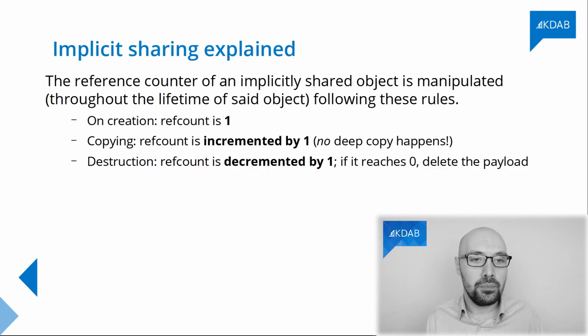Pretty straightforward. When you destroy an object, what happens? Well, destruction means, again, follow this pointer, go to the reference counter, and decrement the counter by 1. So destruction is also pretty cheap.